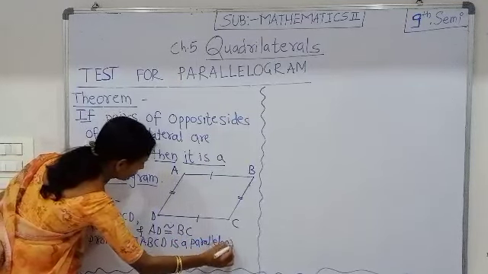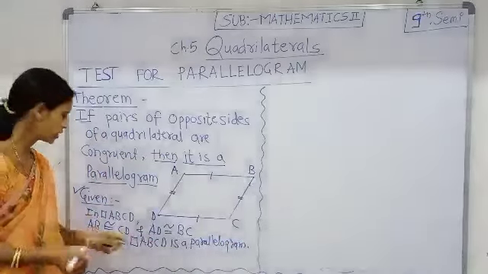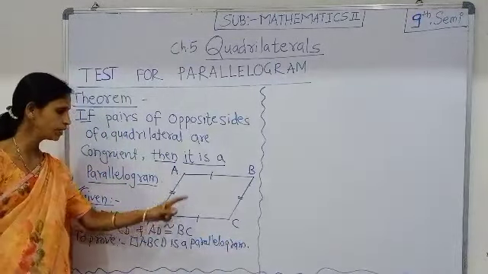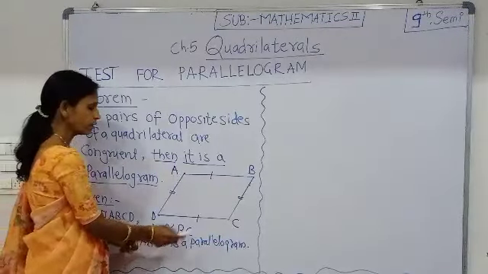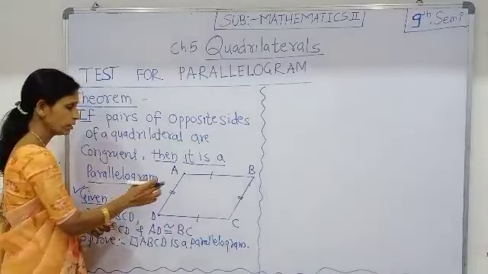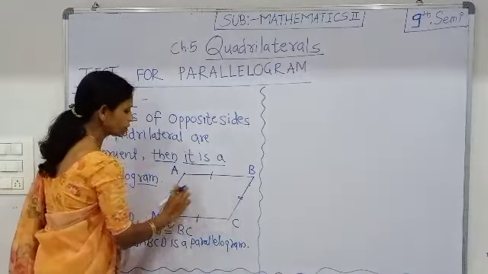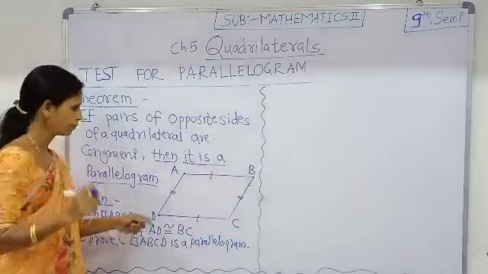Then to prove that this quadrilateral is a parallelogram, we have to prove that opposite pairs of sides are parallel in nature.